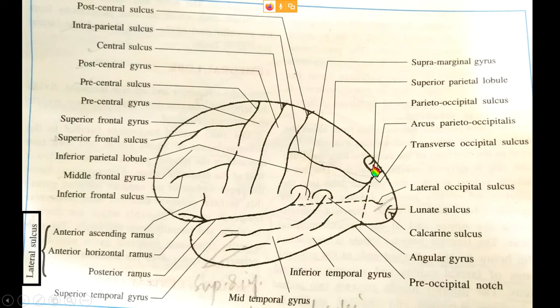So we cannot see the entire sulcus clearly, but we can identify only a small part.